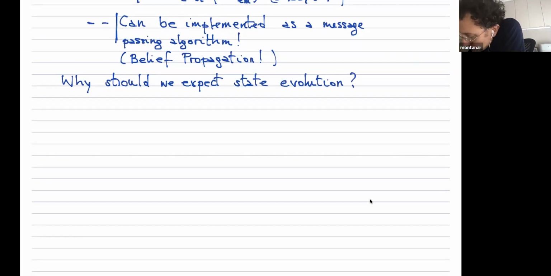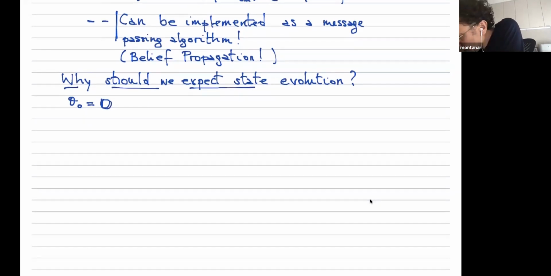And here for explaining that, I'll use the case theta 0 equals 0. I'll use the same problem, but I'll take the case in which you don't have any signal, because, okay, let's simplify a little bit the argument. And so therefore, what we are interested in is really this iteration. W is a GOE matrix.